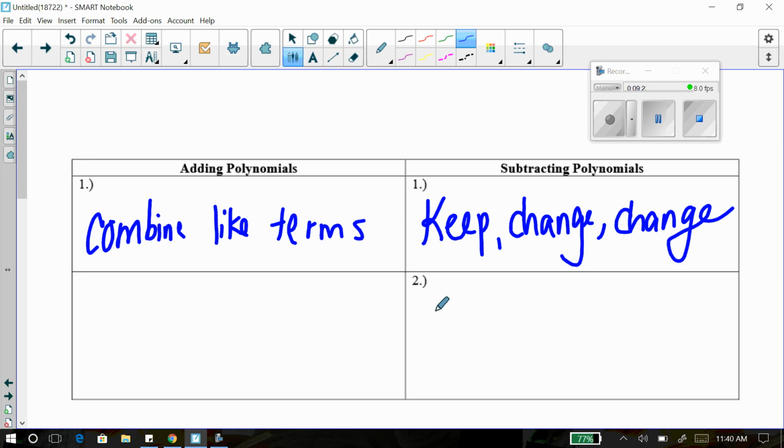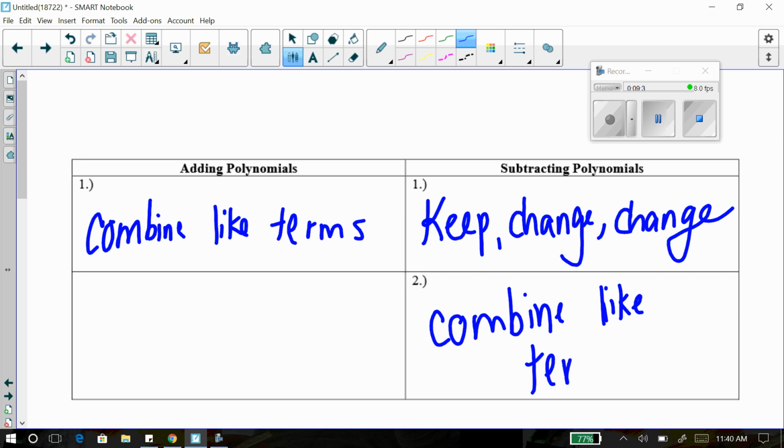And then you just combine like terms because it becomes an adding polynomial problem, which is easy peasy, like terms. Okay. So again, go ahead and type those in your boxes. They should have text boxes already there for you. I say should. As you all know, Ms. Castle makes mistakes sometimes.